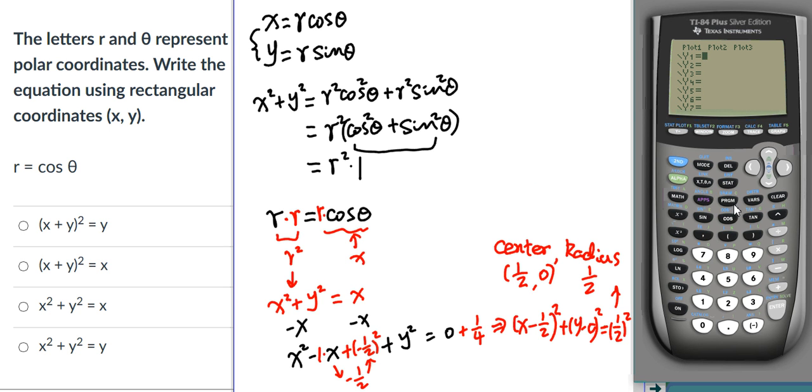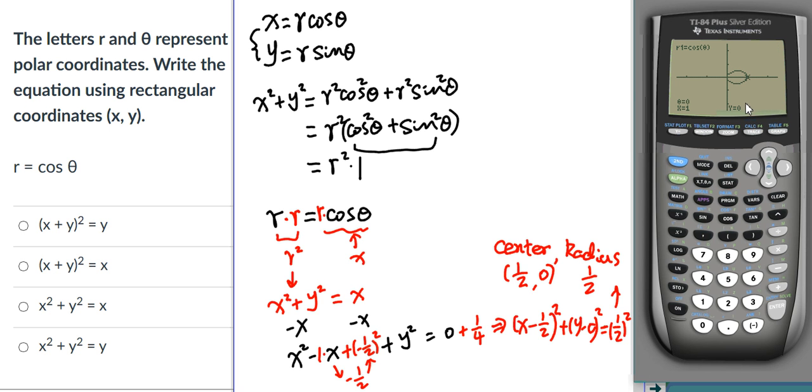You click on mode, move the cursor to polar until it is flashing, and hit enter. Then you go back and press y equals. It shows up r equals what? Cosine theta. So you click on cosine, and theta is right here. Close the bracket, and then you can graph it.